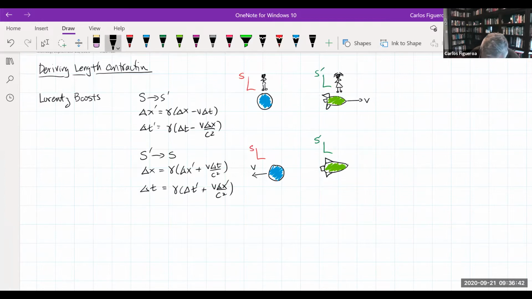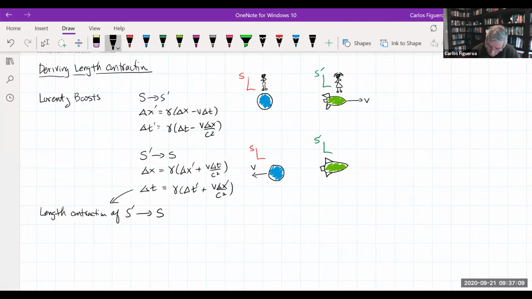And what I want to do here is focus on this one. I want to look at the length contraction of S prime looking at S. So I want to do it just the opposite of what a lot of times people think about.